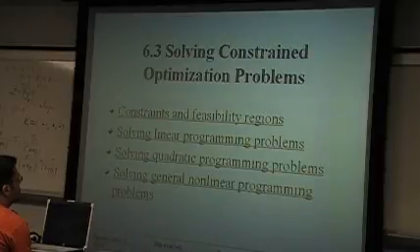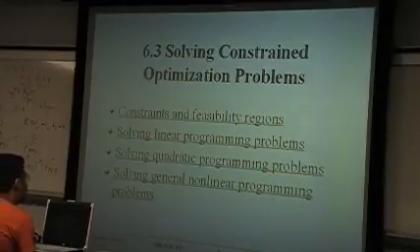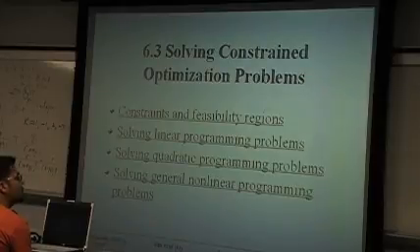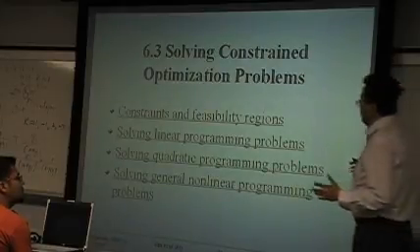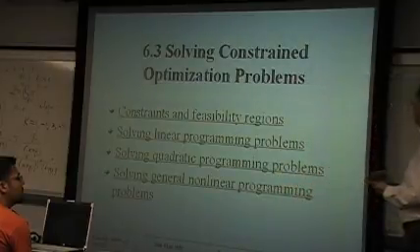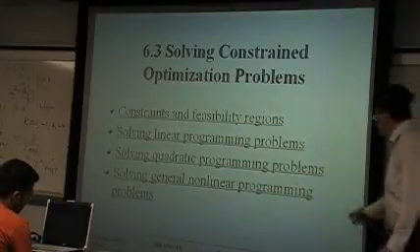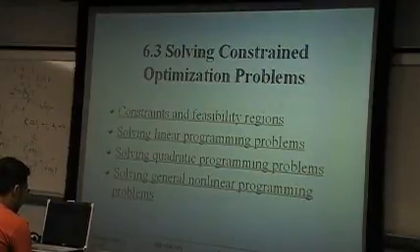These are two examples of constrained problems which are widely used. And apart from these two special applications, we want to discuss something about how we can find the general nonlinear programming problem solutions. So these are the topics I want to give now.